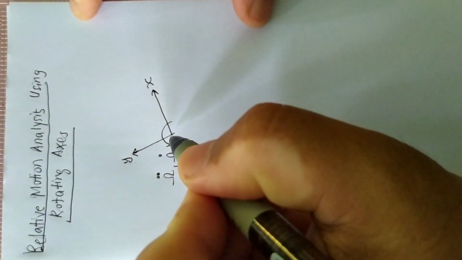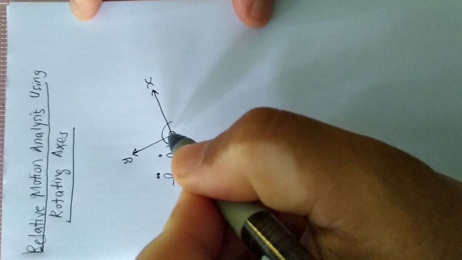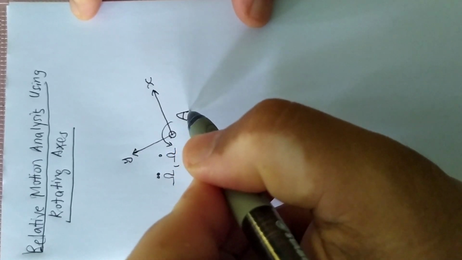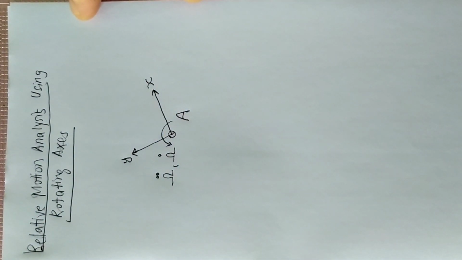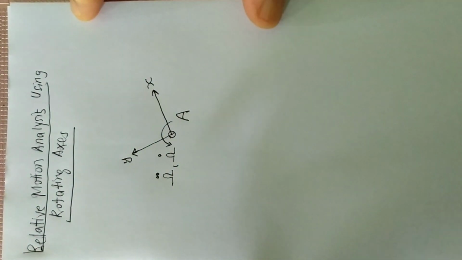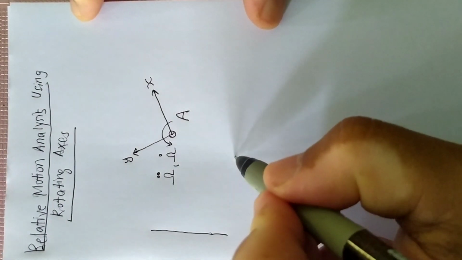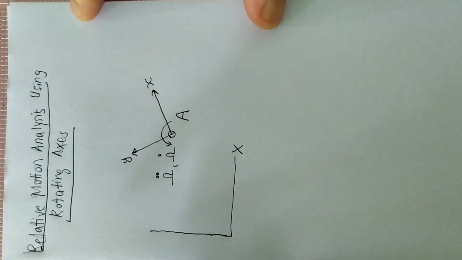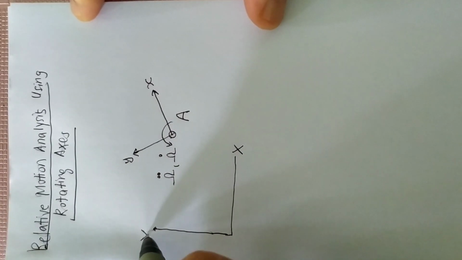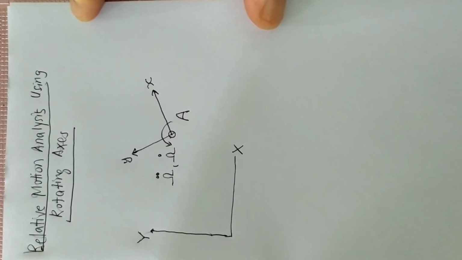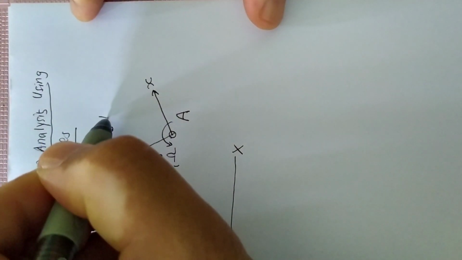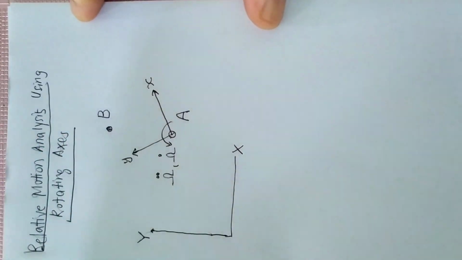Let's say that the rigid body is here, and let's call this rigid body A, and it is also the origin of the rotating coordinate system. And let's say we have another global coordinate system which is fixed and not rotating, capital X and capital Y. At the same time we have a particle B here, and it is moving.